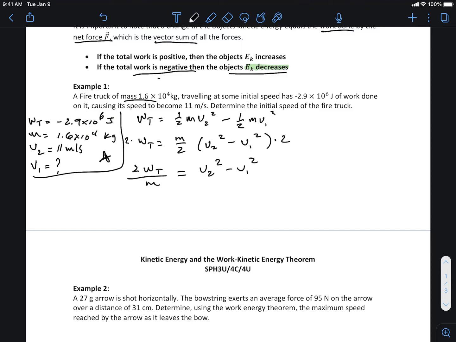Jagger, these two things are the same thing. Let me write it cleaner: 1/2 m. The m you could say is over 1. How do we multiply fractions? To multiply fractions, we multiply top times top and bottom times bottom.